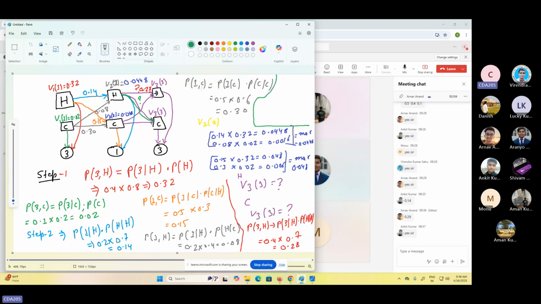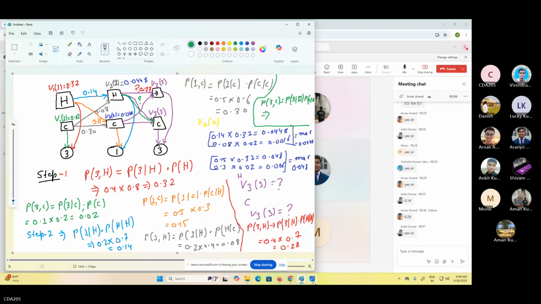So for H to C, first of all we have to go from C to 3. So it will be P C comma 3 comma C. So it will be 3 to H, 3 to C, into P C to H. So what will be the value for this one?